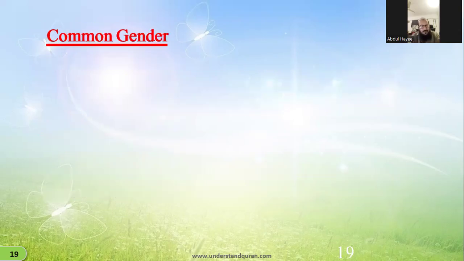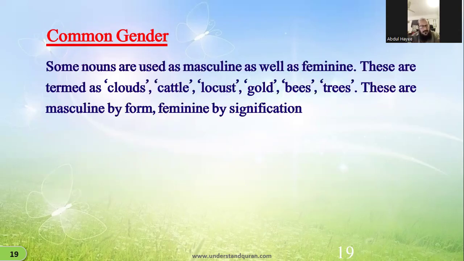And the fourth is the common gender. Some nouns are used as masculine as well as feminine. These are terms such as clouds, cattle, locusts, gold, bees, trees. They are used for male and female, the same. These are masculine by form and feminine by signification.